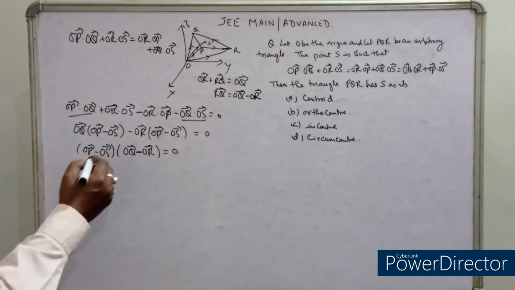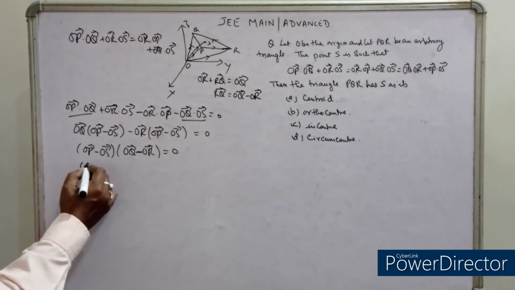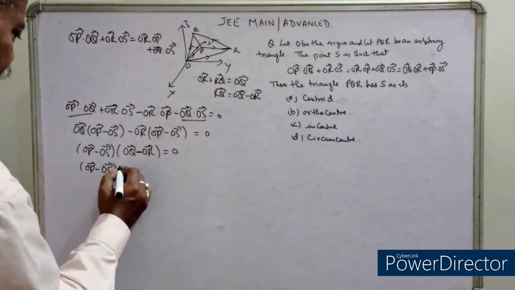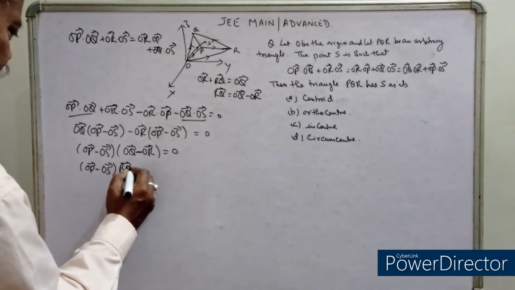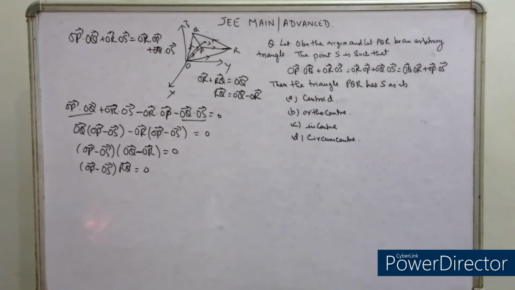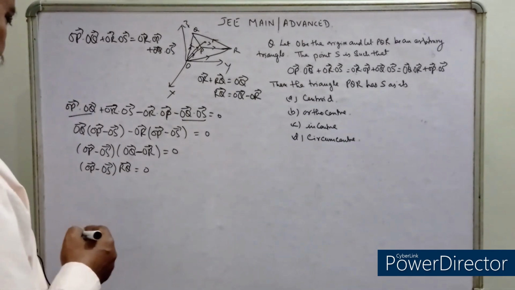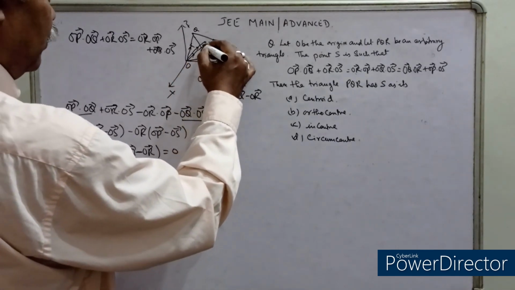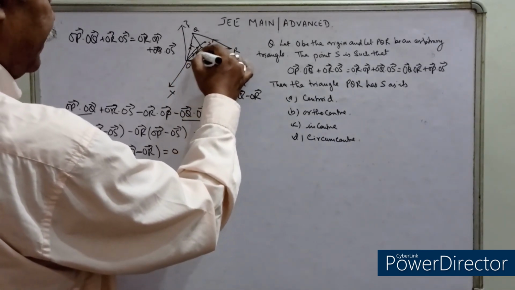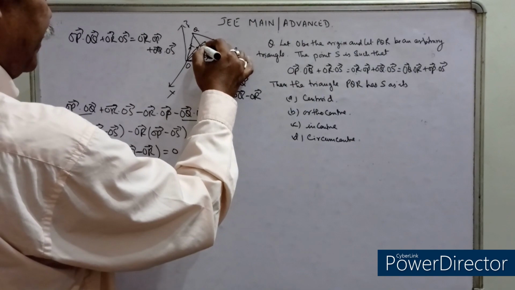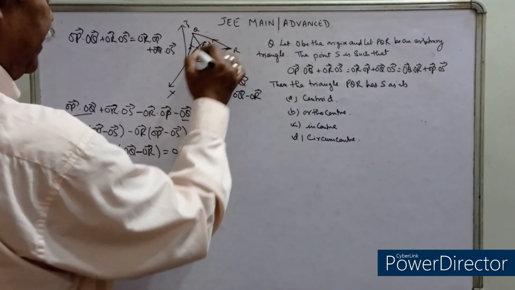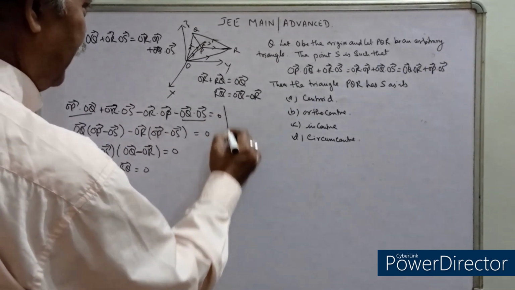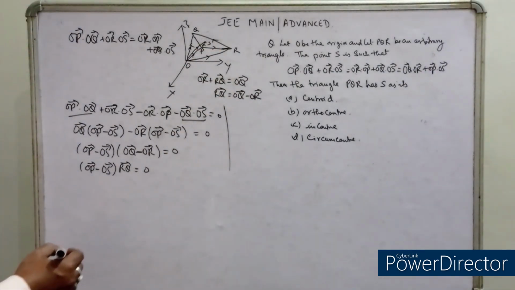So this is (OP vector minus OS vector) dot RQ vector is equal to 0. Now here again OP minus OS, I am applying the triangle law here.